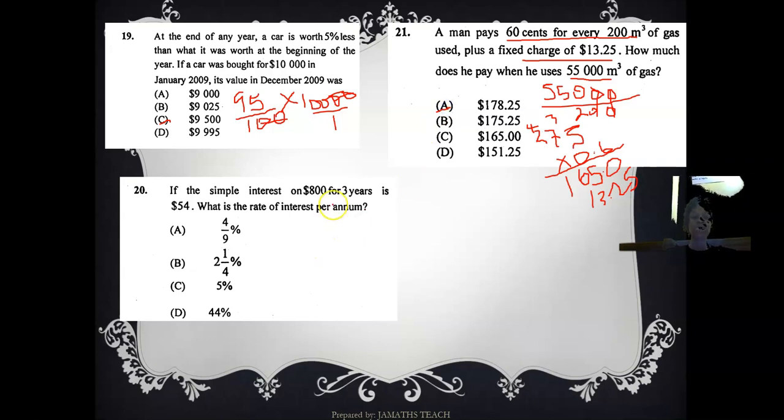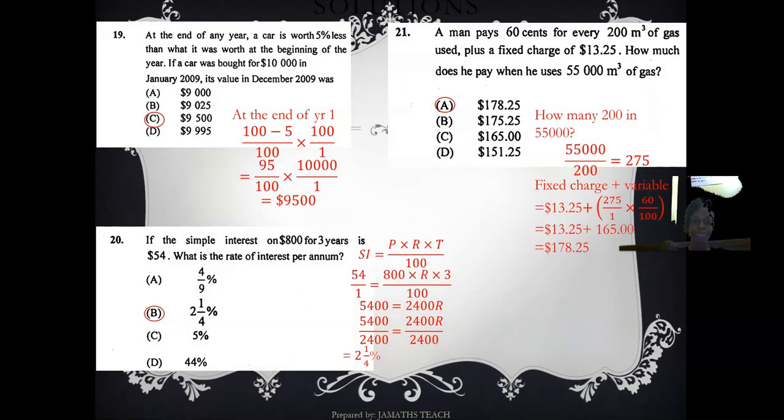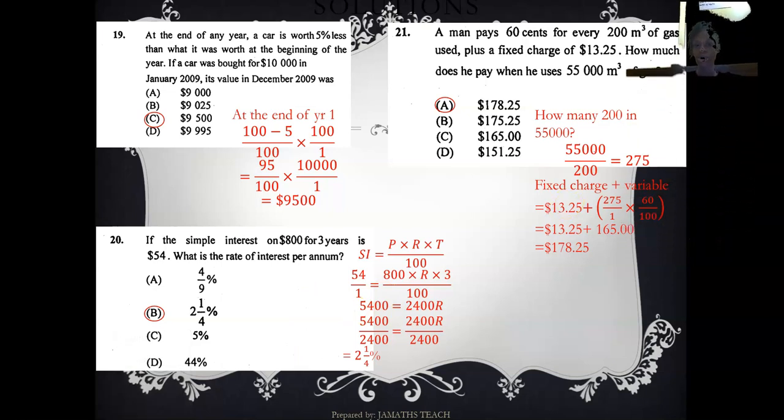If the simple interest on $800 for 3 years is $54, what is the rate of interest per annum? So we know that simple interest, let me go to the answer sheet. Alright, so we know that simple interest is, and if you need to write the answers for the previous questions, there they are laid out nicely for you.